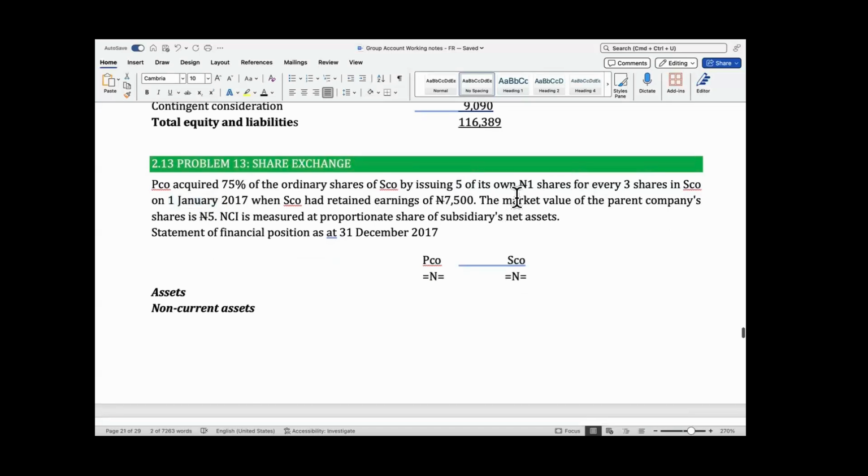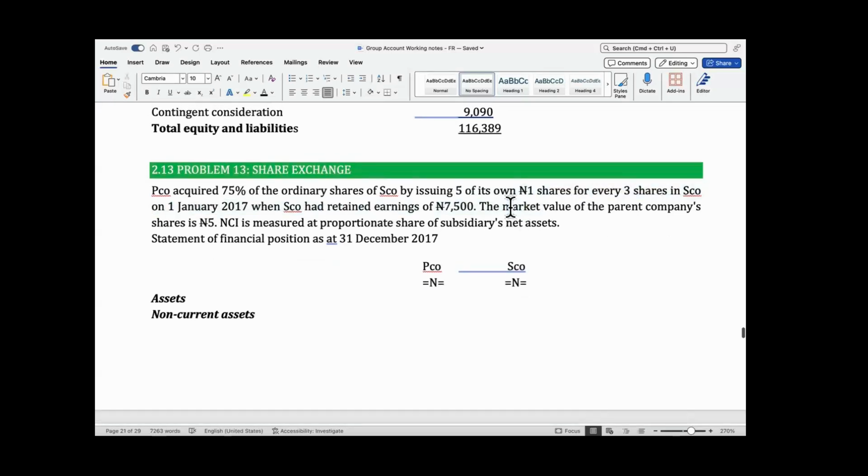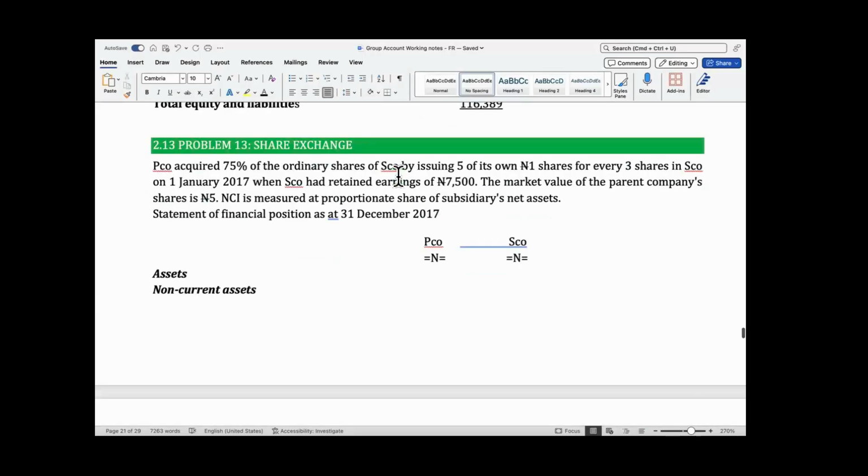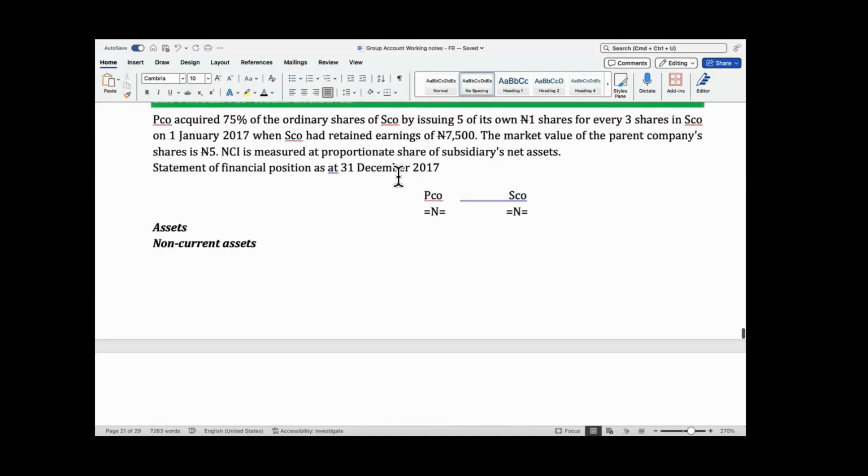Since you are issuing your shares, they gave us the market value of the parent shares. For example, if I'm giving you 10 shares, multiply that 10 by 5 naira. That's as good as 50 naira. So we need to compute that consideration ourselves. Very straightforward.